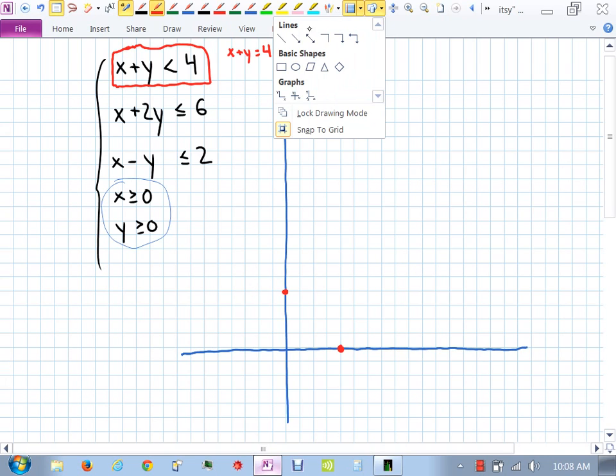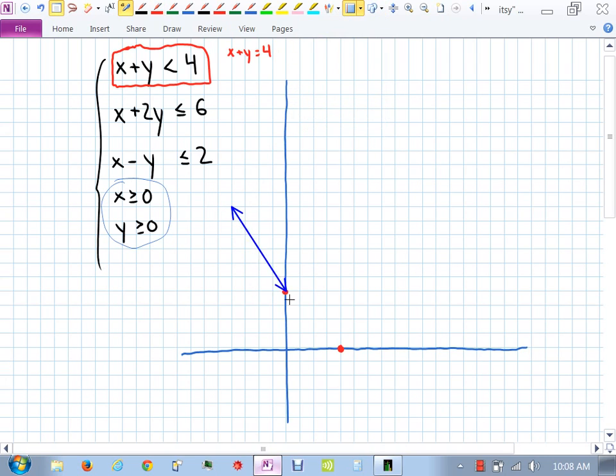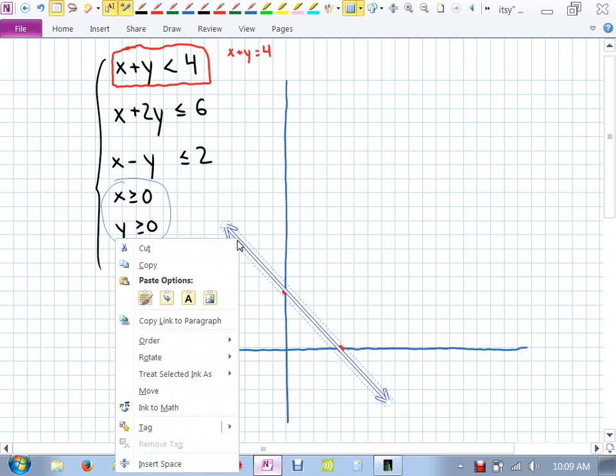I wonder if I have the ability to make this dashed. Let's see if I can make this dashed. I don't think I have a choice.